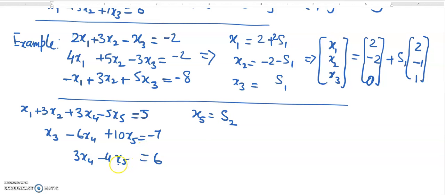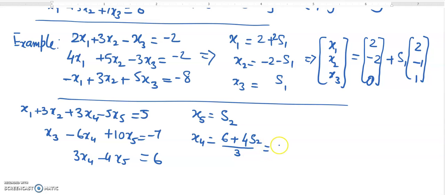So if x5 is S2, then from this last equation, which is the simplest of the 3 equations, I can get x4. It will be equal to 6 plus 4s2, divided by 3.